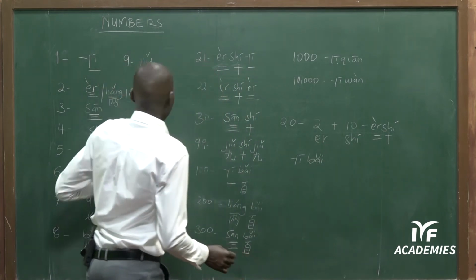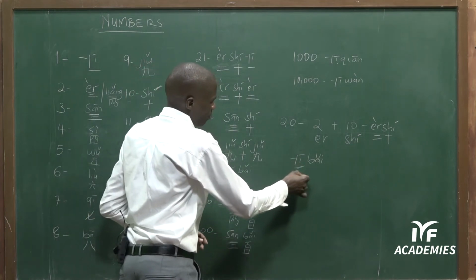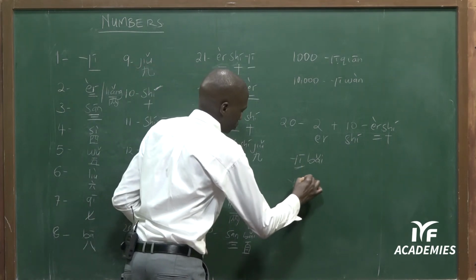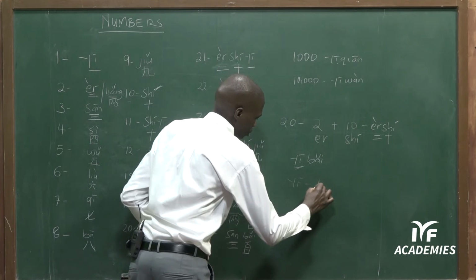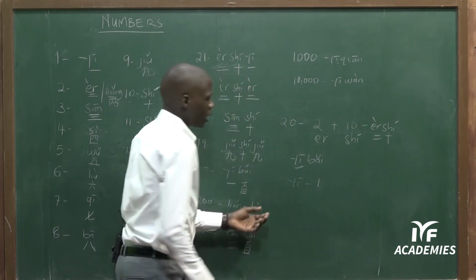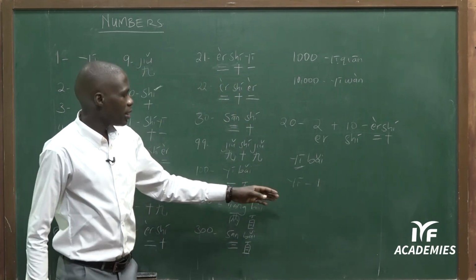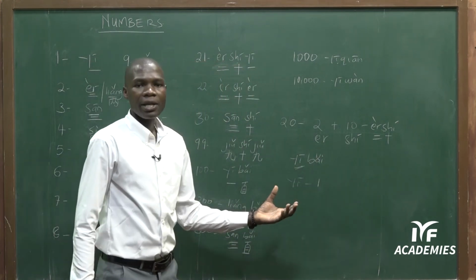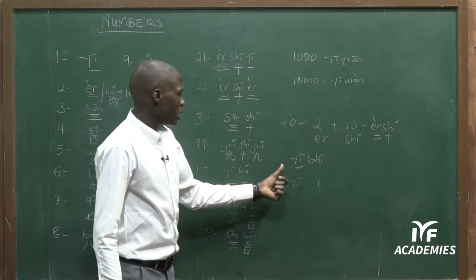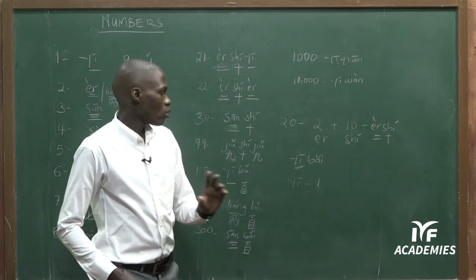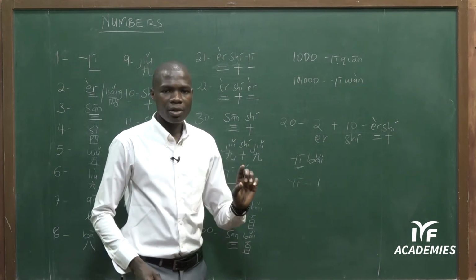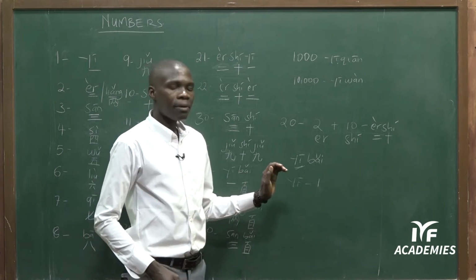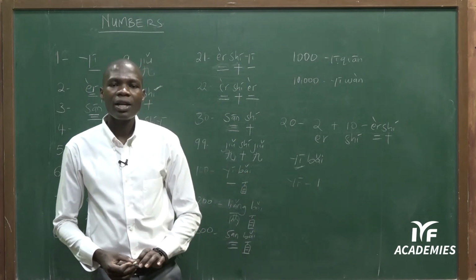As we learned earlier, yi means 1. Then bai means 100. So yi bai means 100.